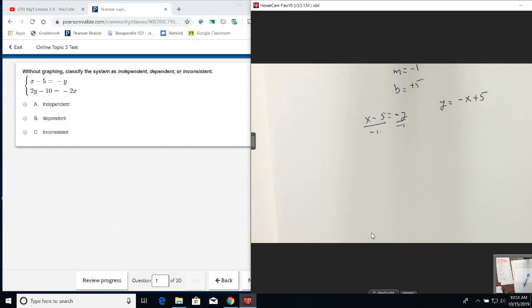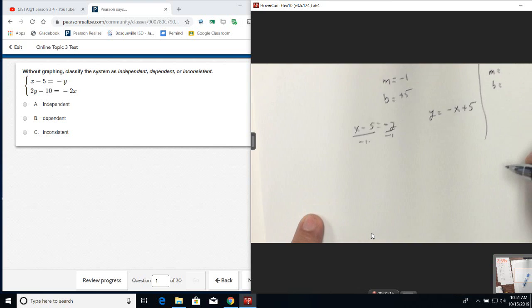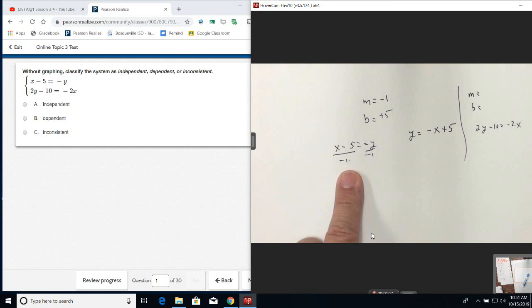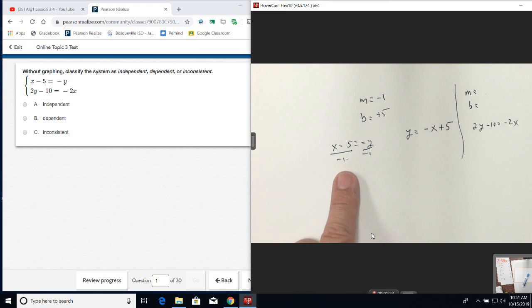Now let's do the same thing for the second equation. We've got to be able to figure out the slope and the y-intercept of the second equation, and that second equation is this. 2y minus 10 is equal to a negative 2x. So all I've got to do is get y by itself. If I can get y by itself, I'm pretty much done.